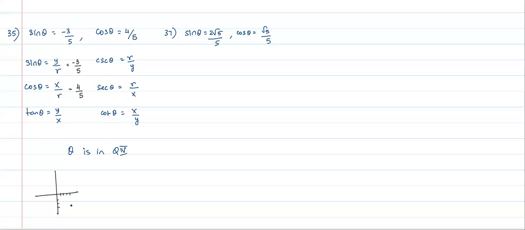Now, one thing that I know is that if I were to draw a triangle like this, the radius is the hypotenuse and that radius is going to be 5. And if you want, you can write this as negative 3, and then you can write this as 4. Okay? This is my triangle.